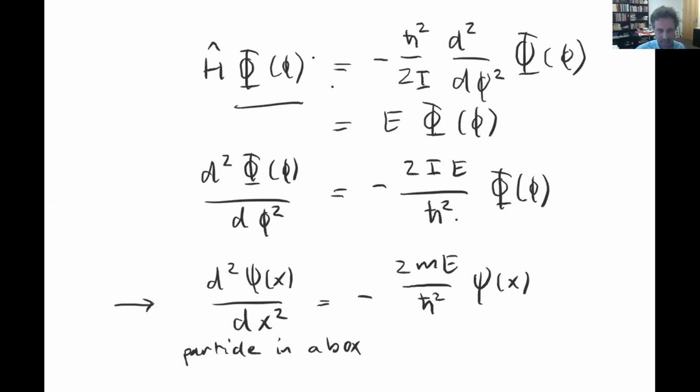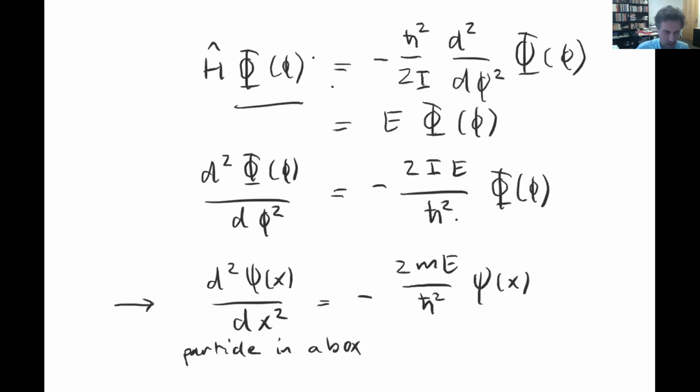It looks exactly the same. The main difference is that the I has now taken the role of the m. And you can also see that big phi is simply the wave function. It doesn't move along x, but it moves along phi. So what is the solution of this?